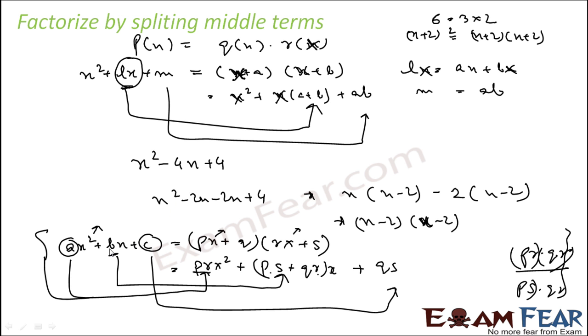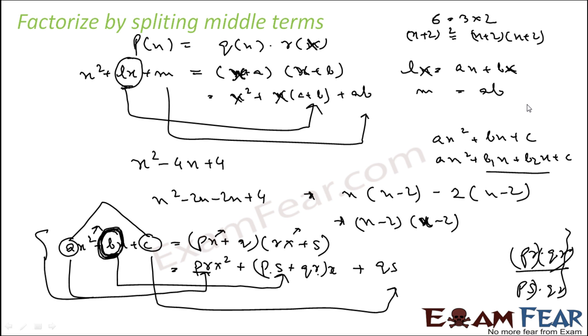The point I'm trying to drive here is you always have to split this term in such a way that the product of these two terms is equal to product of these two. So for example, ax square plus bx plus c, this I will write as ax square plus b1x plus b2x plus c.